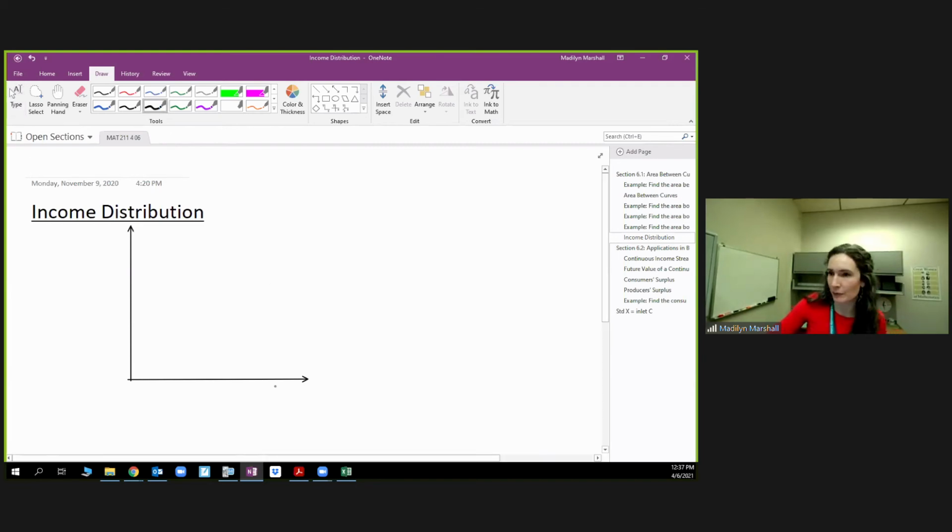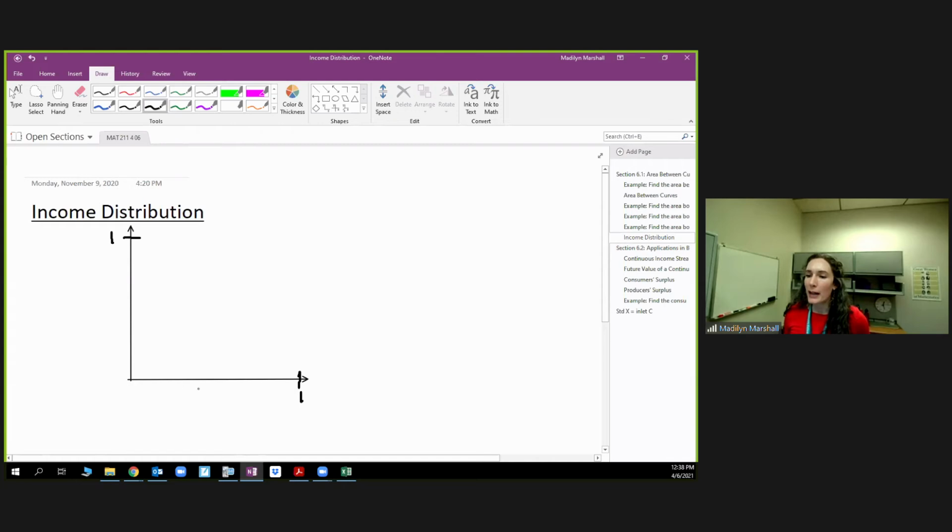So, starting with two axes. And these two axes are just going to go up to 1 on each, in both directions.